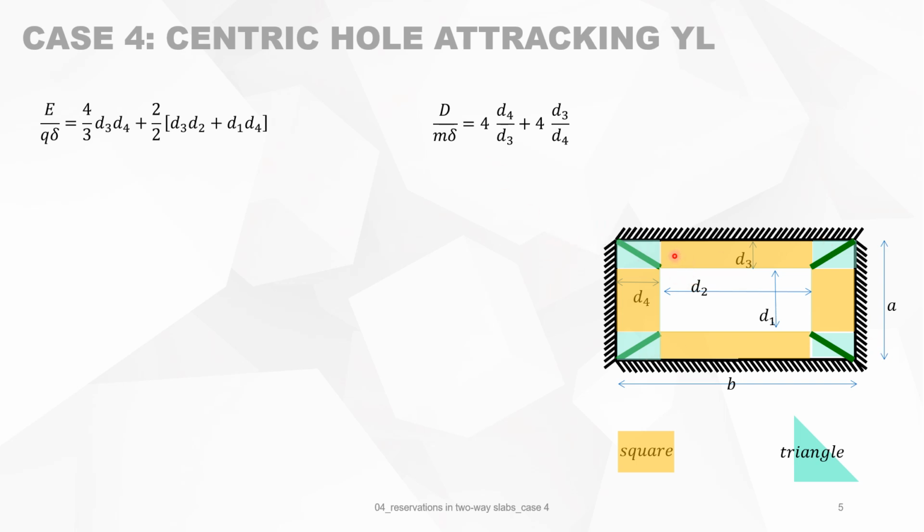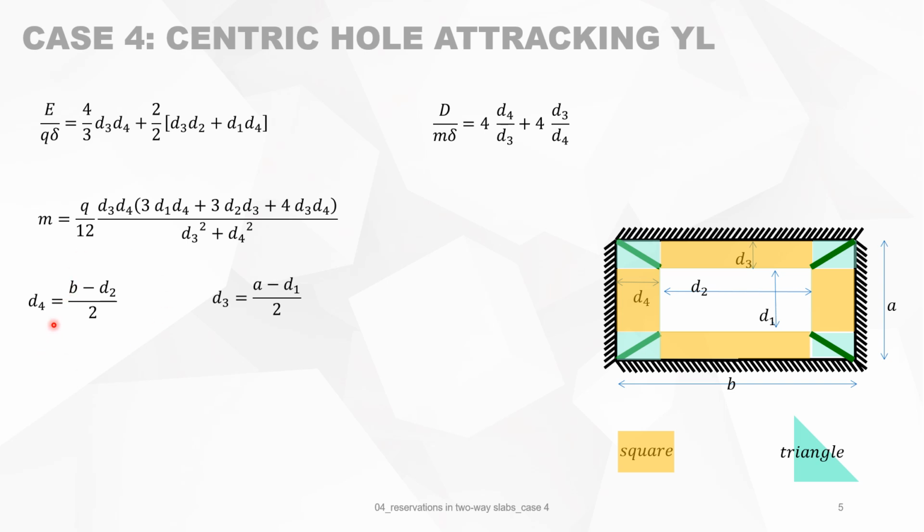And then in the other direction, in the x direction, you have the yield line projected to the rotation axis, which gives you d3, and the angle is delta divided by d4. So you get 4 times because of the 4 corners. So that's the bending moment.